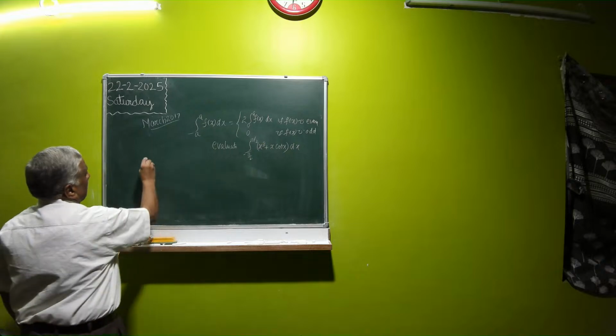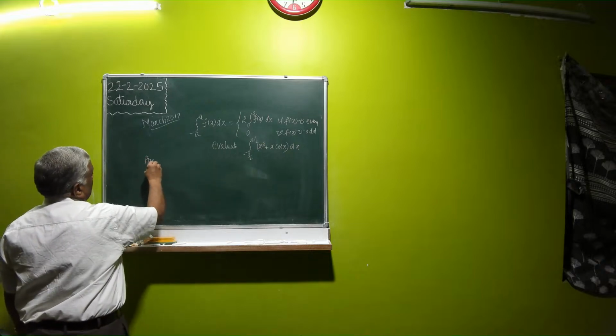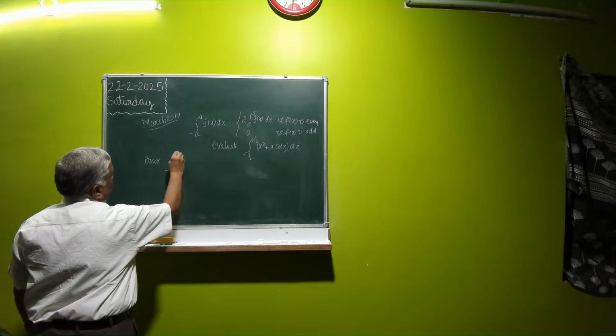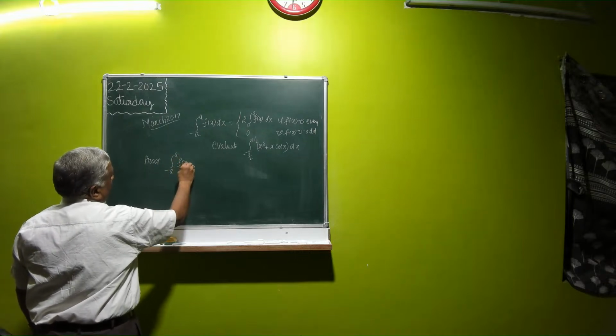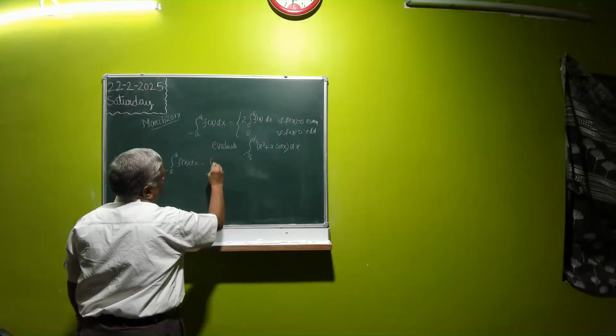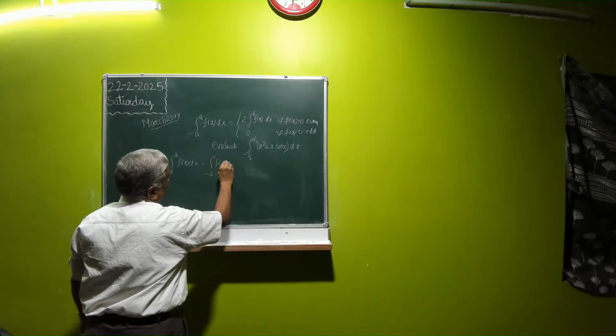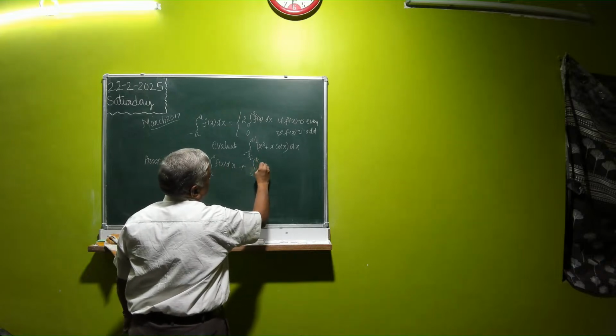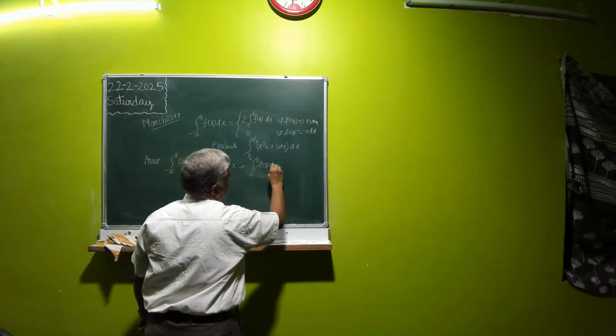So first we have to prove it. Proof. You can write integral from minus a to plus a of f of x dx equal to integral from minus a to 0 of f of x dx plus integral from 0 to a of f of x dx.